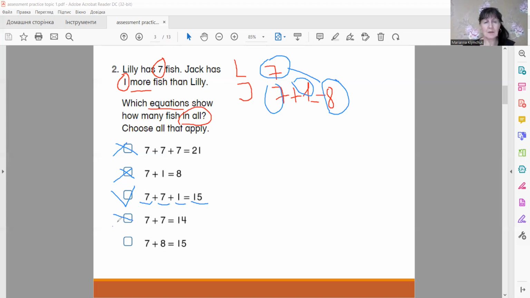And the last one, 7 plus 8. Is it 15? 15. 7 and 8? Yes. This is what we need. So before solving, first we model the story. We write what we need, we write the numbers that we need, and then we just check: do we have these numbers or not? Okay? So this is about number 2.